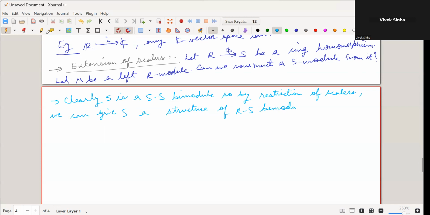So it is an SS bimodule. Now we are restricting the scalars from one side and making it an RS bimodule.